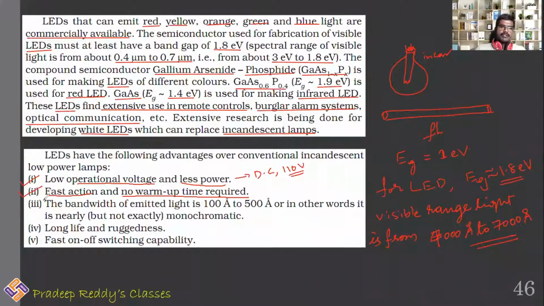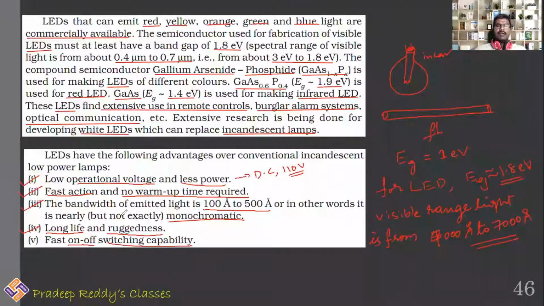Number three, the bandwidth of emitted light is in the range of 100 angstrom to 500 angstrom. In other words, it is nearly monochromatic. LEDs can emit white light as well as monochromatic light. The other advantages are long life, ruggedness, and fast on-off switching capacity.